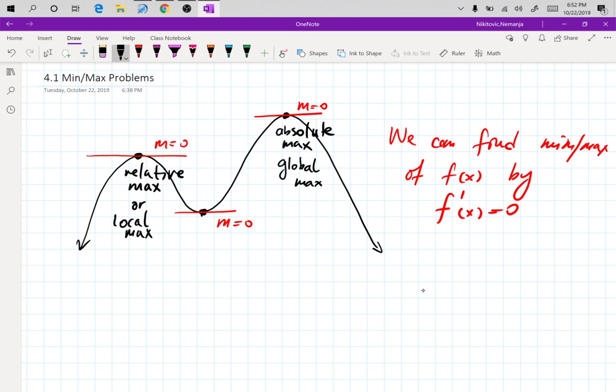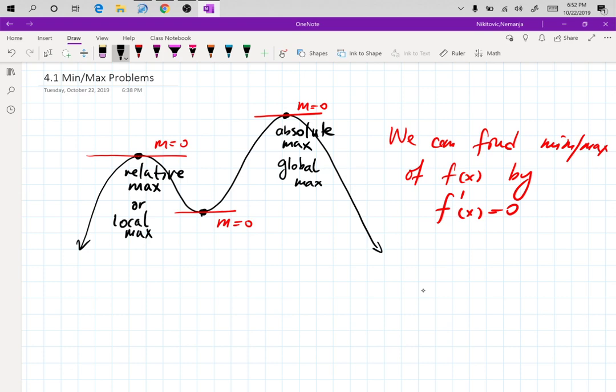They are not demoted down to relative. So sine x has infinitely many max values, absolute max values, and infinitely many absolute min values, because they're all at 1 and negative 1, and you have infinitely many of them.